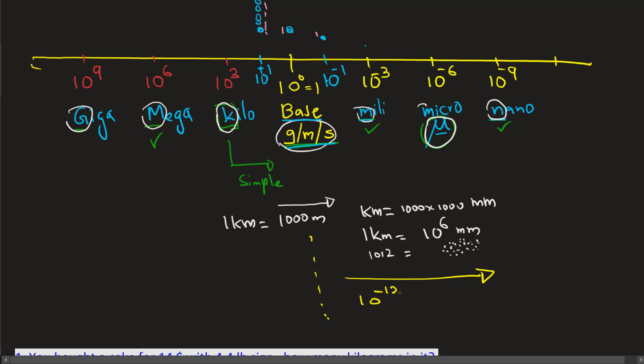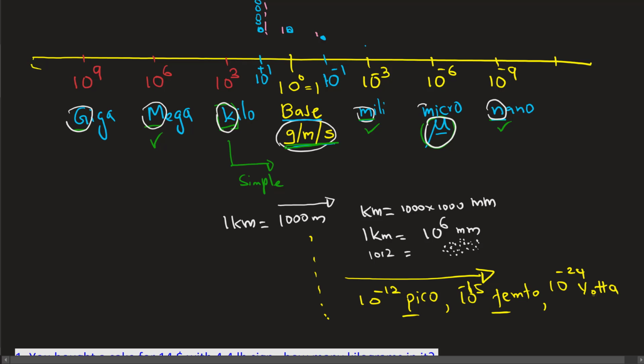So 10 to the minus 12 is pico, and 10 to the minus 15 is femto, and 10 to the minus 24 is yocto.